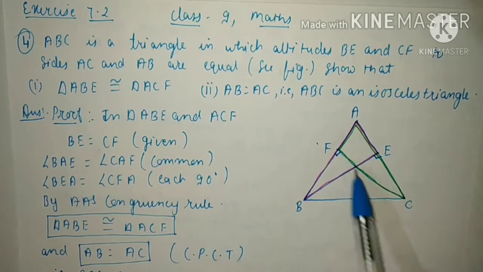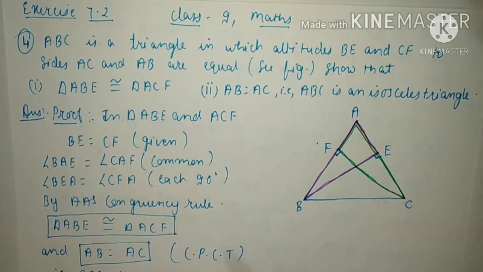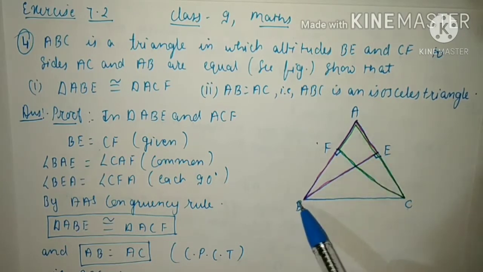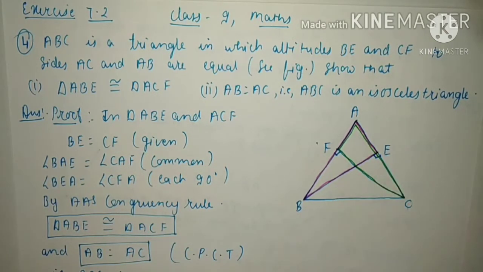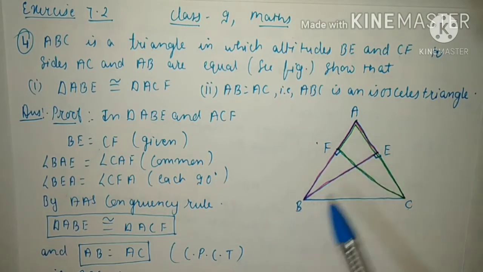See, these two altitudes are given, and these two altitudes are equal, and we have to prove that triangle ABE is congruent to triangle ACF, and AB is equal to AC.